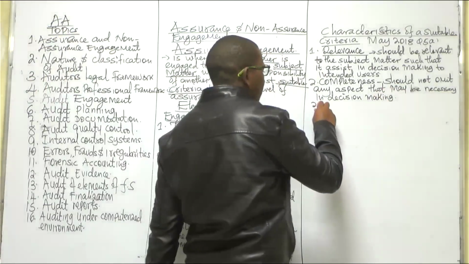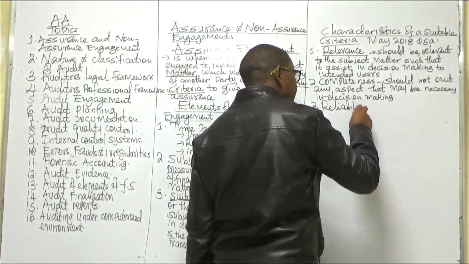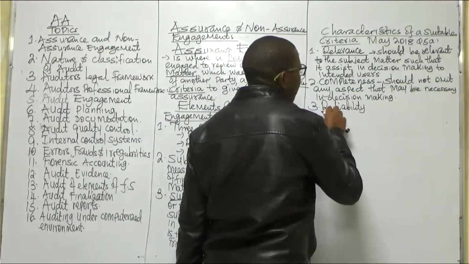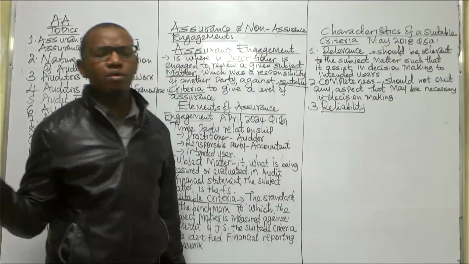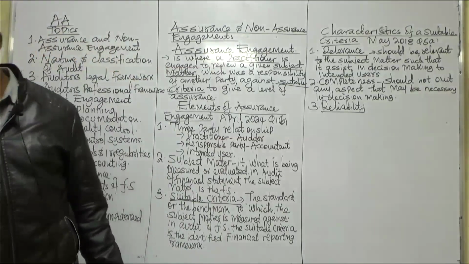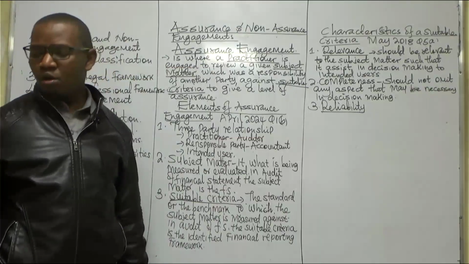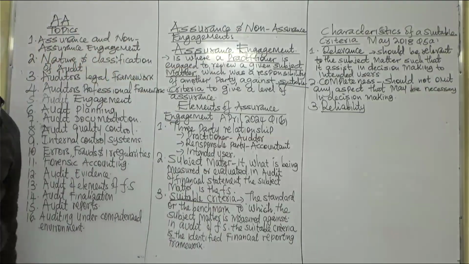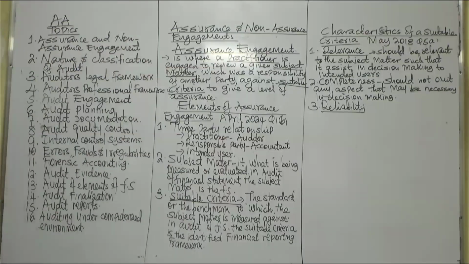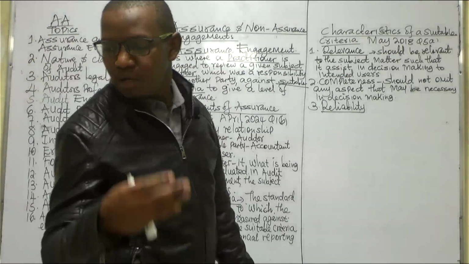Number three in this case is what we call reliability. It also must be reliable. Now, what do we mean when we talk about reliability in our case here? We mean that it should be a consistent measurement, or it should be able to evaluate the underlying subject matter under all similar circumstances, and this is by different practitioners.